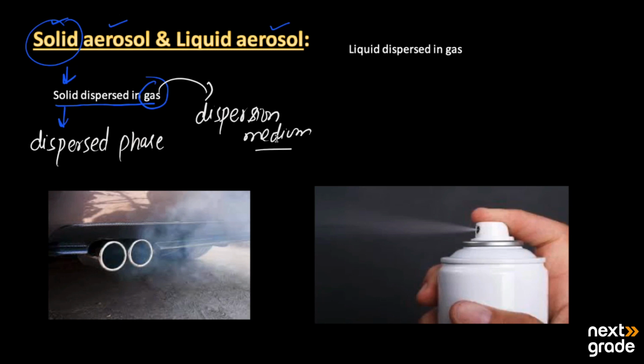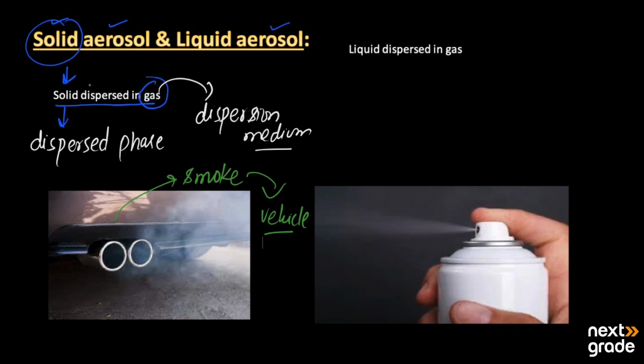The simple example for this is smoke from auto exhaust, the smoke from vehicles. This is a simple example of a solid aerosol. It means smoke is a colloid containing solid carbon particles in gas. So the dispersion medium here is the gas and the dispersed phase is the solid carbon particles.